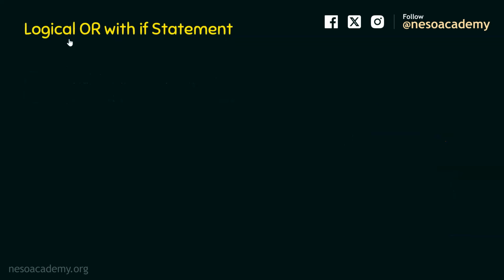So what is logical OR with if statement? In the last lecture, we have understood what is logical AND with if statement. We know logical AND can be used in the situation where we want to execute a statement or a set of statements based on multiple conditions, and we want to execute them only when all the conditions are satisfied.